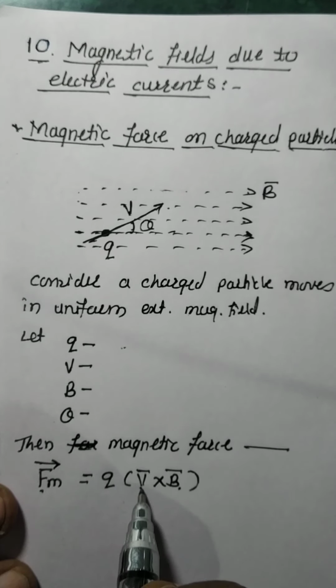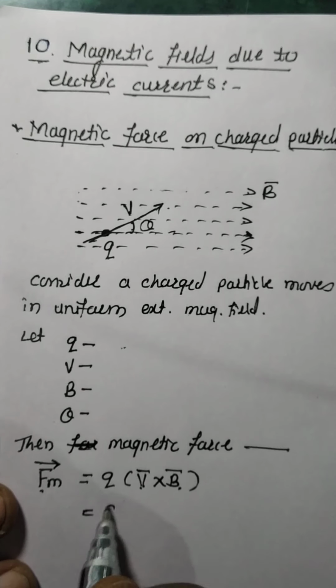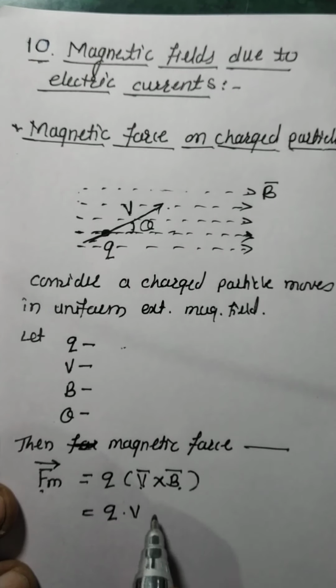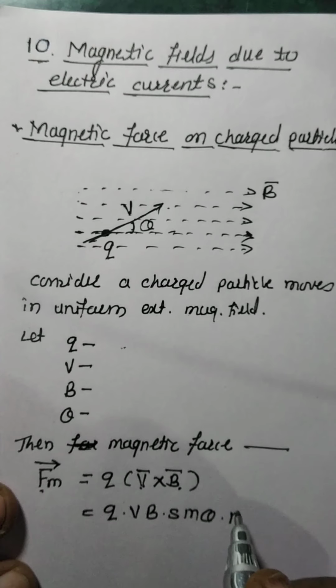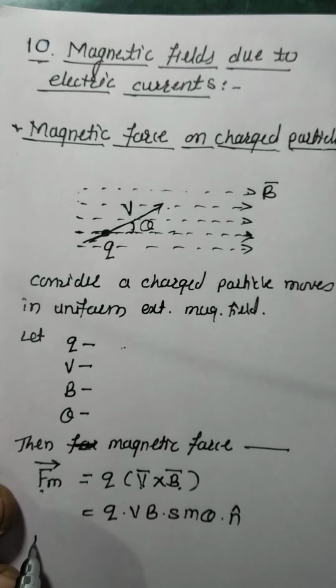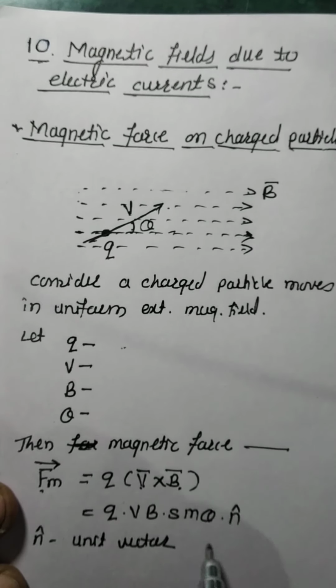Force is perpendicular to both the velocity of the particle and the direction of the magnetic field, which can be written as Q v B sin theta into n cap, where n cap is the unit vector in the direction of force. Okay.